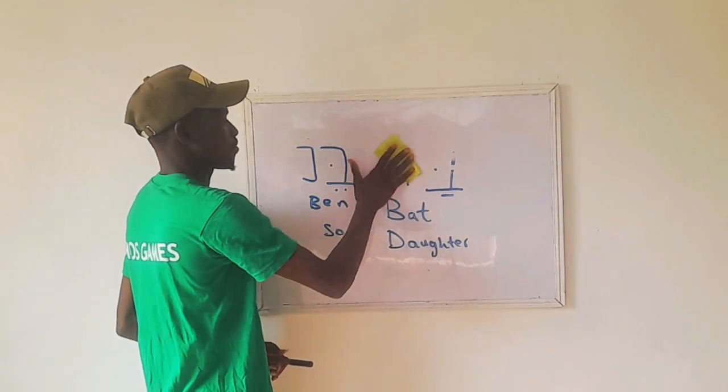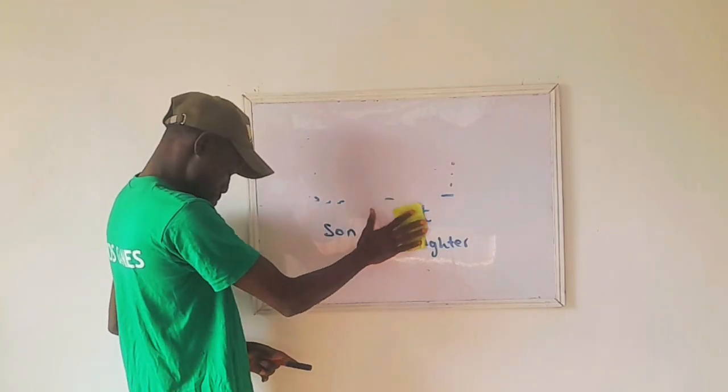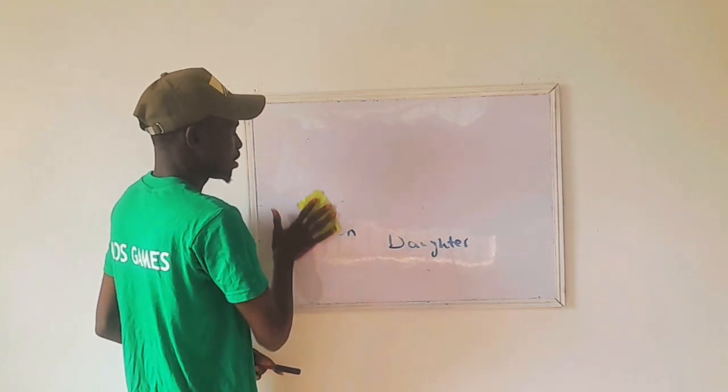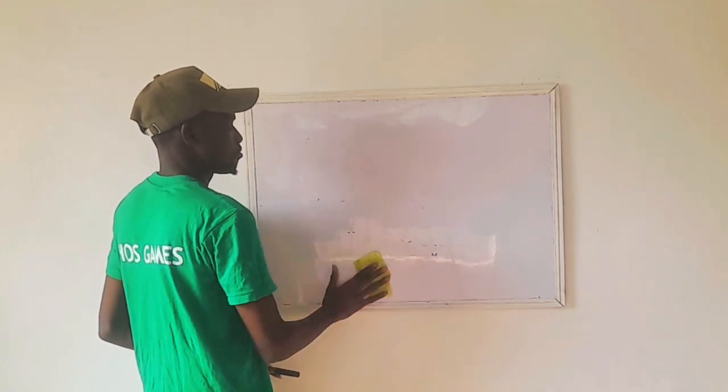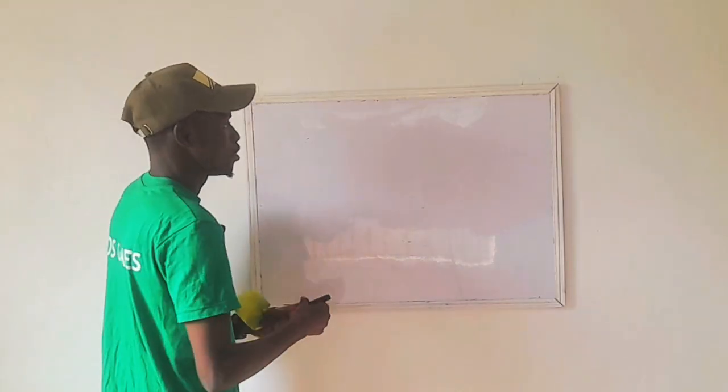We are just going to try as much as possible to write out all of the 22 alphabets now, and then read them out. So let's go.